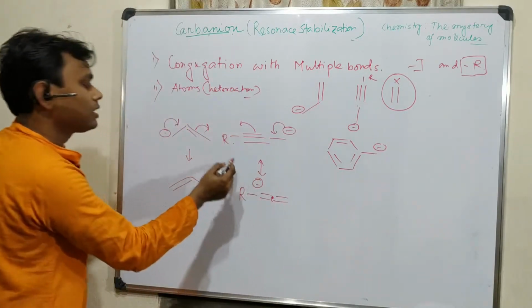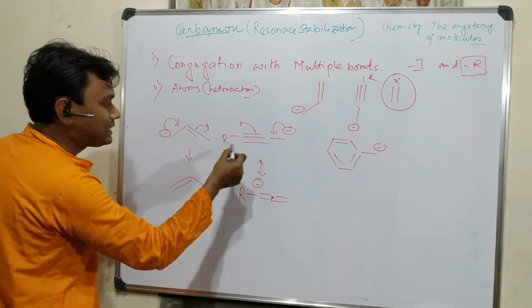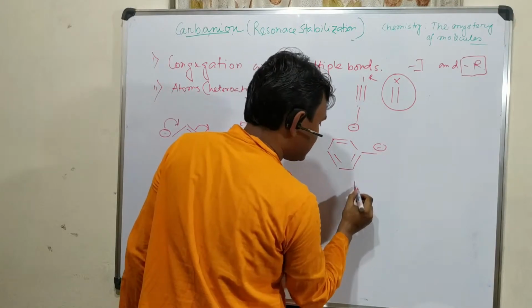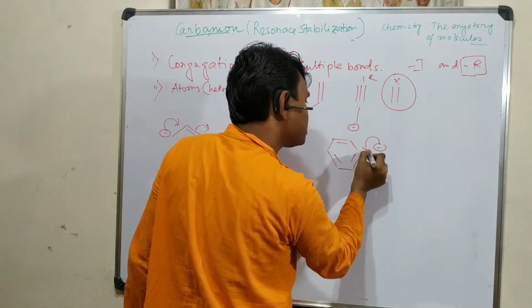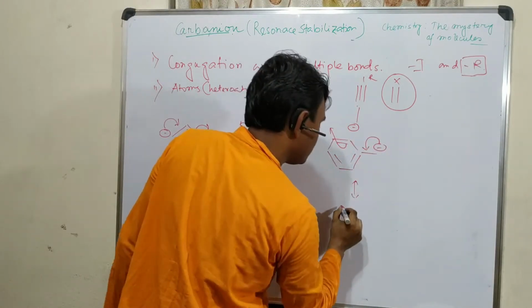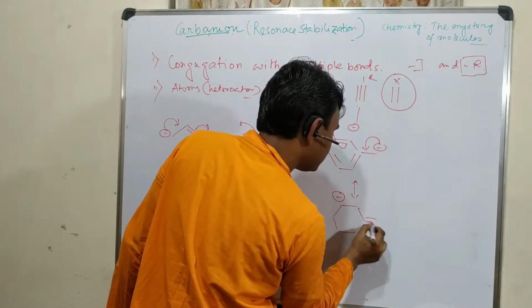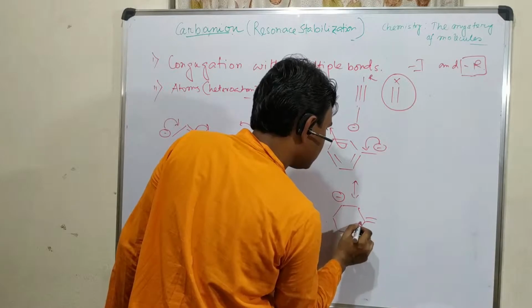So in this way, this is alkynyl, and this is vinyl. This is benzylic. How does it stabilize? It pushes electron density up. So what results? Electron density comes here.